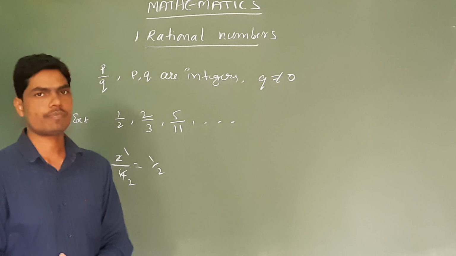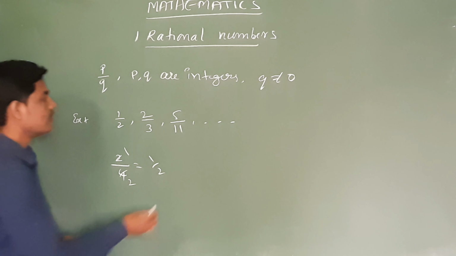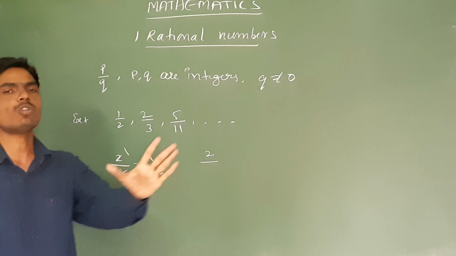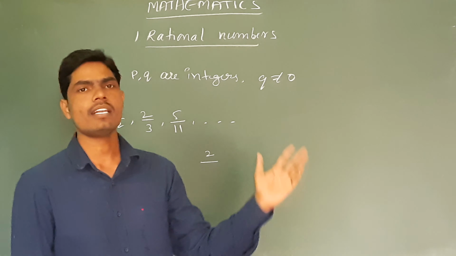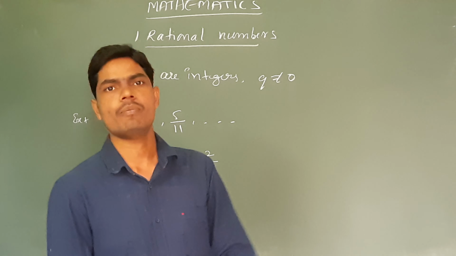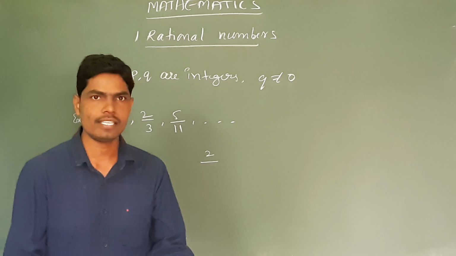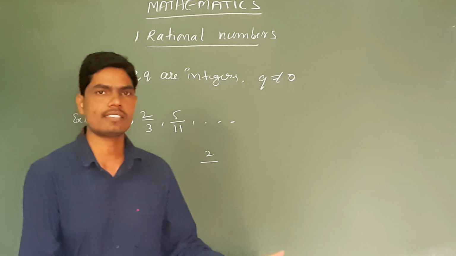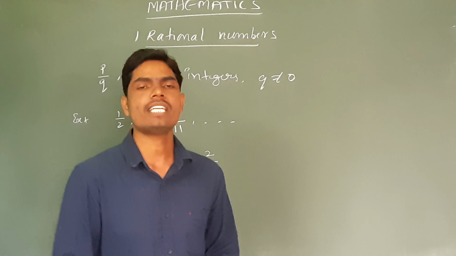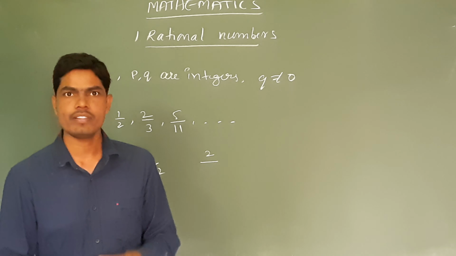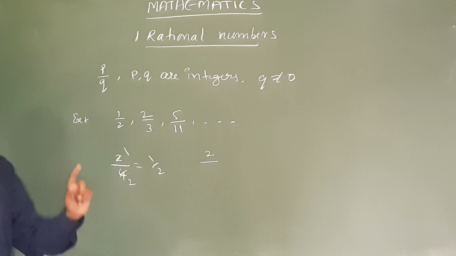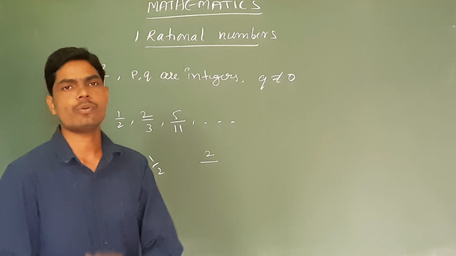Now, if I have 2 chocolates, how can I distribute them to 0 children? That means nobody is there. It is impossible. For distributing chocolates, biscuits, or many other things, if nobody is there, how can we share? So in this fraction, the denominator should not be equal to 0.